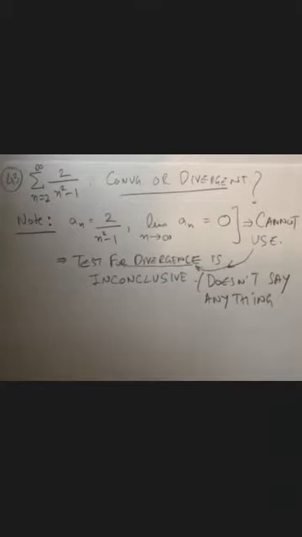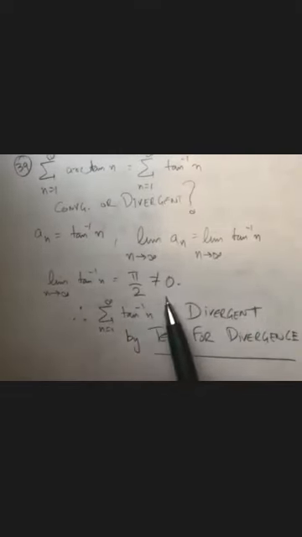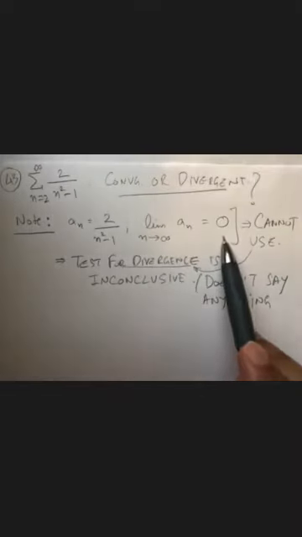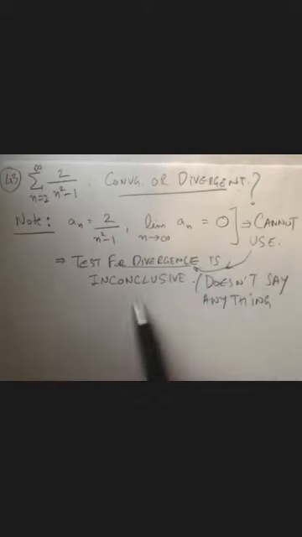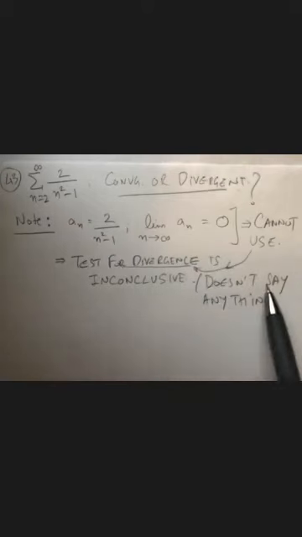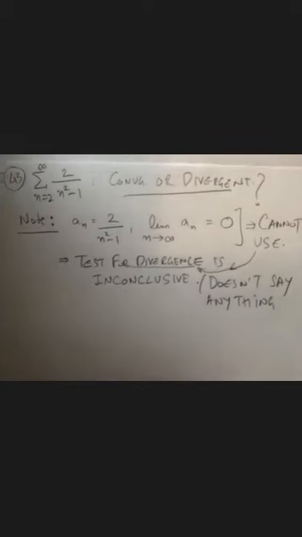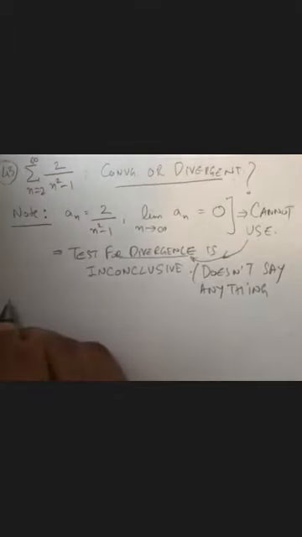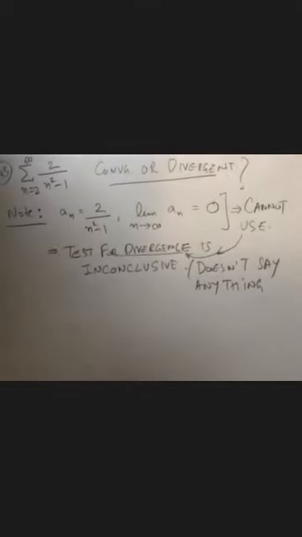When the limit was not 0, then it's divergent by test of divergence. But when the limit is 0, we cannot use it because test of divergence is inconclusive, doesn't say anything. So now we proceed differently.